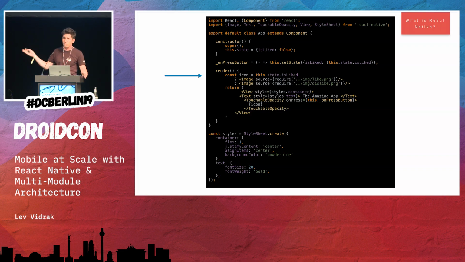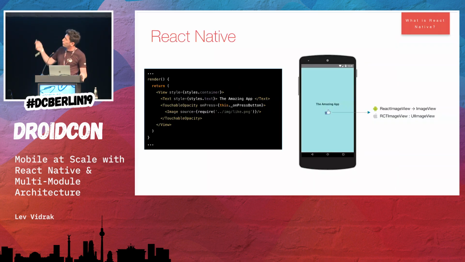And this is the whole of React in 2 words, in 1 slide. And to make it clear, when we define the image there, eventually the class that will be responsible for rendering this image on the screen is the familiar ImageView from the Android SDK and the familiar UIImageView from the iOS SDK.